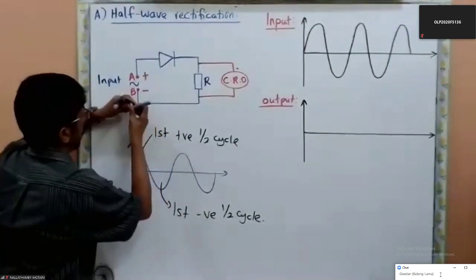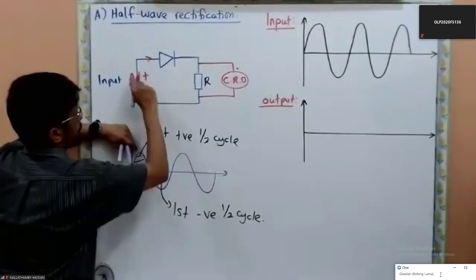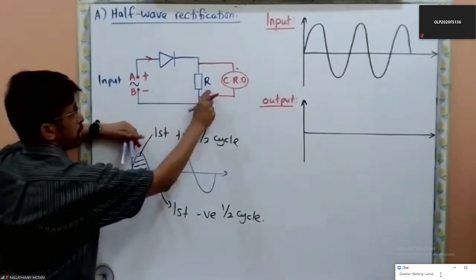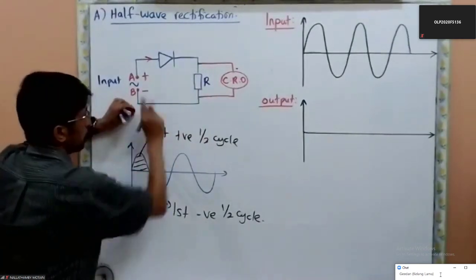So when A is positive, what happens? Current can flow, right? Current can flow. So in the first half cycle, no problem, it can flow.